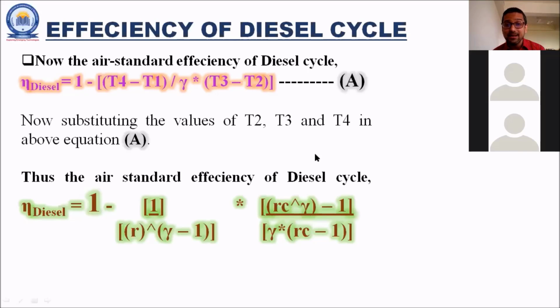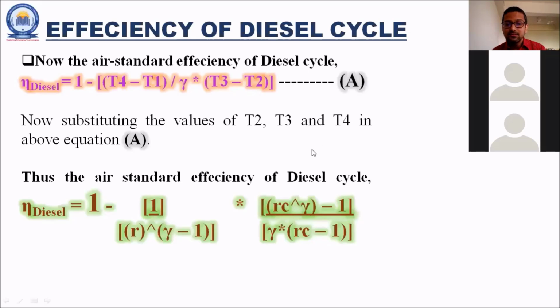I am getting the maximum responses from the students in the chat box. I want the response from all the students that you are perfectly getting this answer. Very easy, just substitute the values in equation A, rearrange the terms and you will be getting the answer in this particular format.